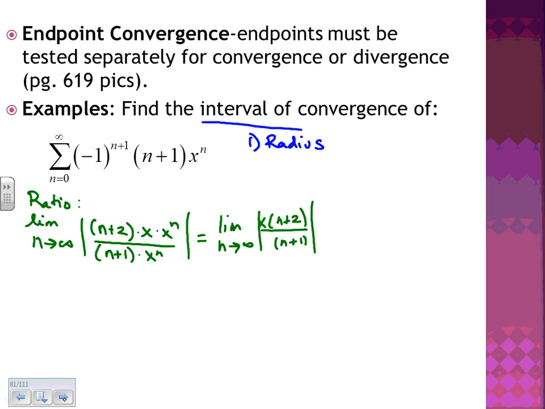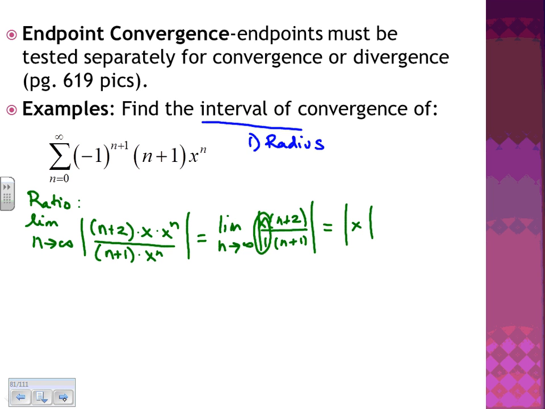Confused about this limit? So here I'm looking at the ends. Are the ends bigger on top, bigger on bottom, or the same? The same. So I'm going to take the coefficients. Does that make sense? My coefficients here would be x over 1, which is x, absolute value still.